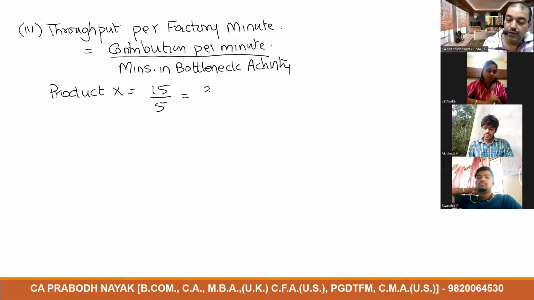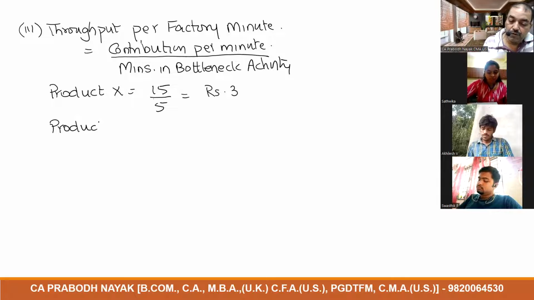So it is going to be 3 rupees per minute. For product Y, contribution is 35 minus 17.5, so we got 17.5 there. And time spent in the bottleneck activity is 10, so it is 1.75.